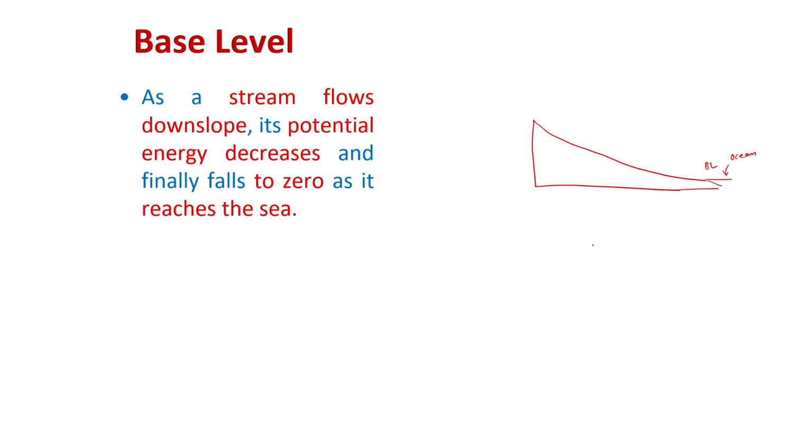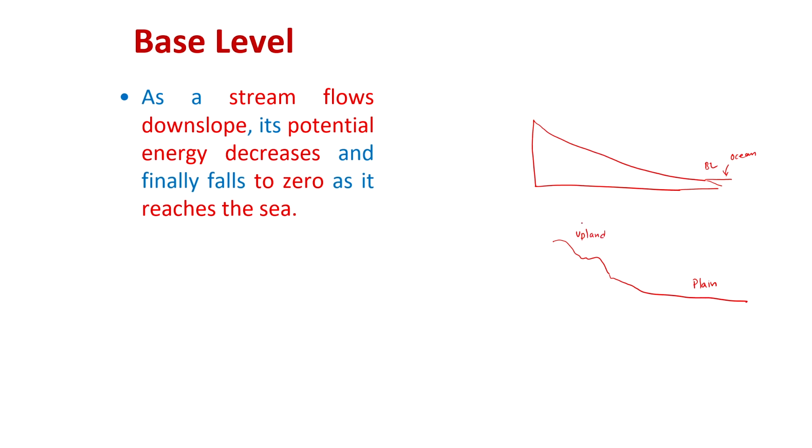Okay. Second part is that this is the base level of the ocean. But now if you have streams coming from the uplands and then debouching onto the plain areas. Okay. So this is your upland and this is your plain area.